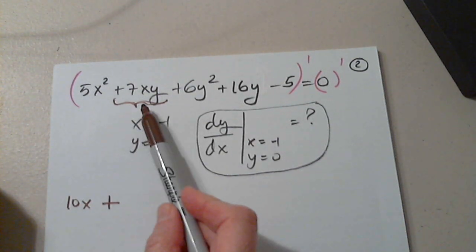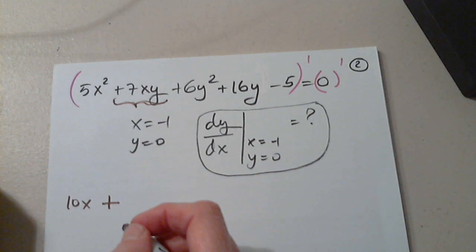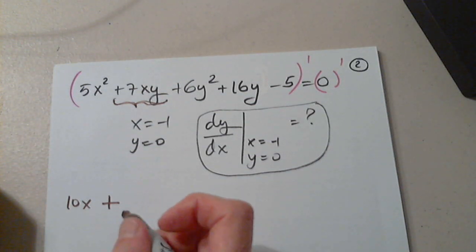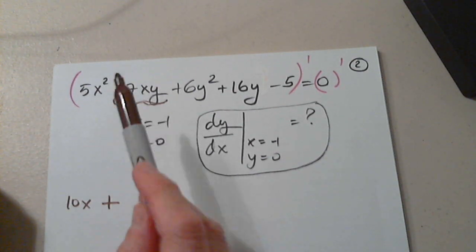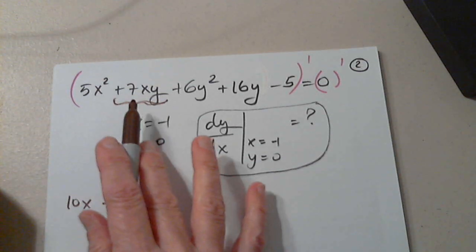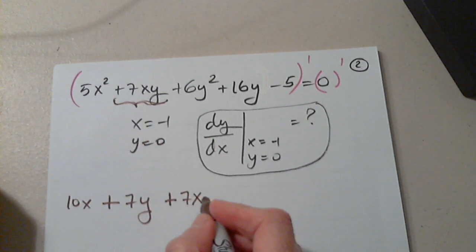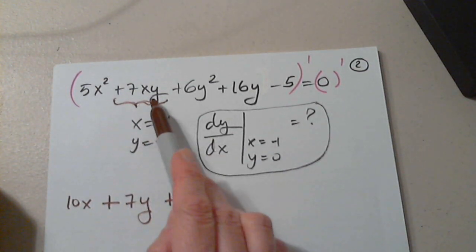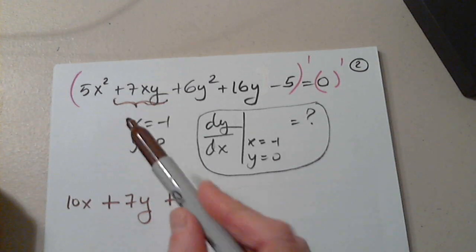Because it is 7x times y, the first function prime is 7 times the second function, plus the first function, 7x, times y prime. Which is? 1.